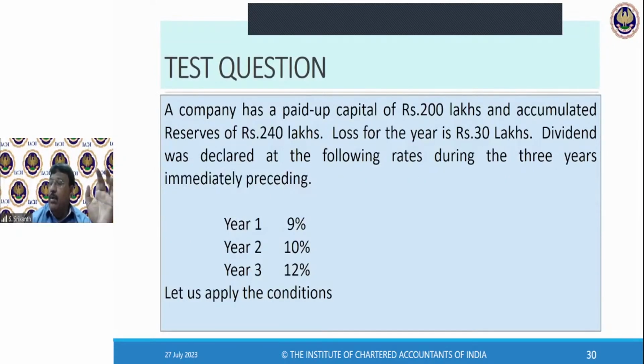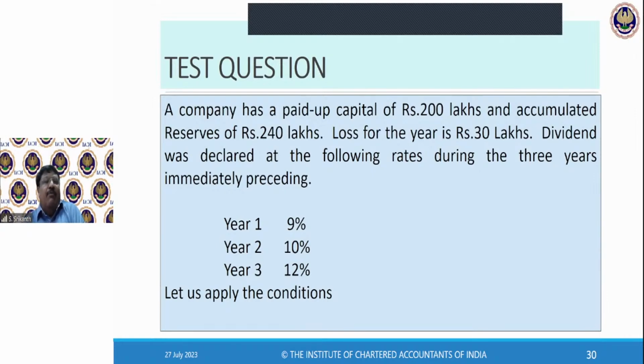Now, I am giving you a question. I have explained the three conditions to you. Tell me what is the rate at which dividend can be declared for this year. For the current year, the company has incurred a loss of 30 lakhs.